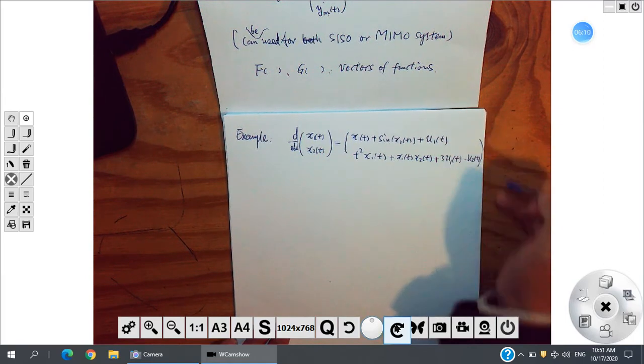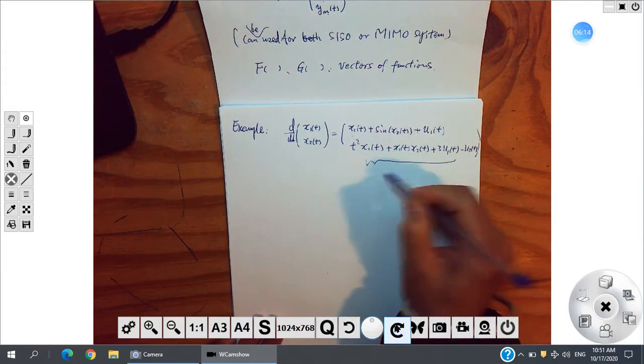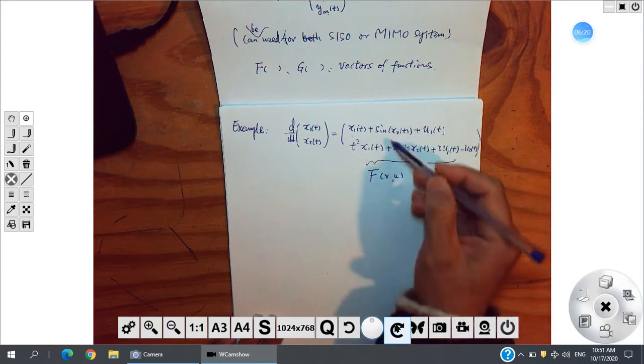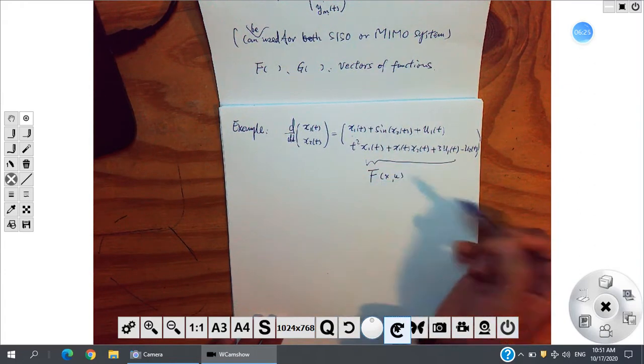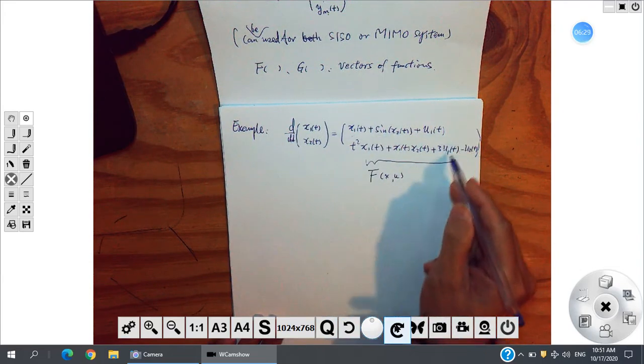Then this is capital F, with some x, some u. This capital F has two functions listed as a vector, and these are the state equations.